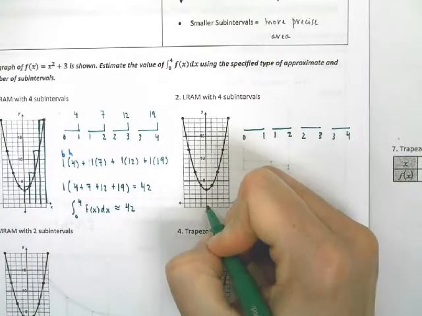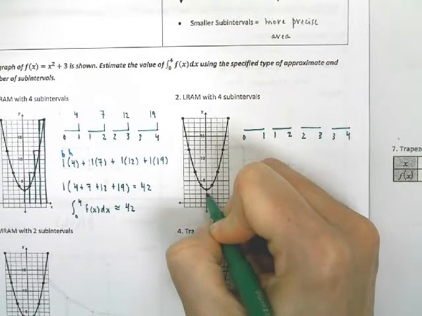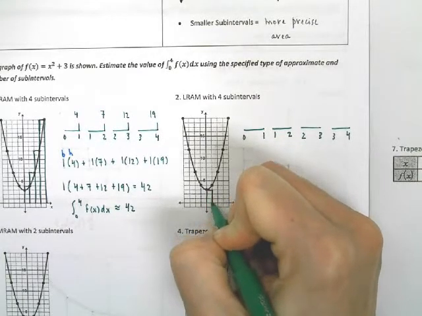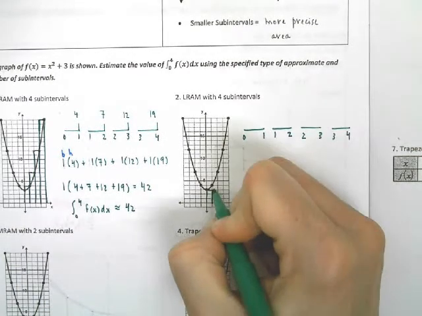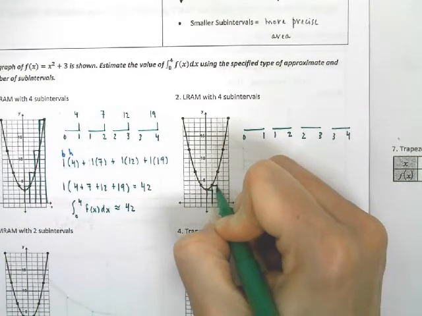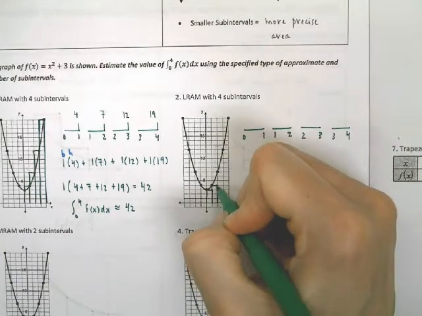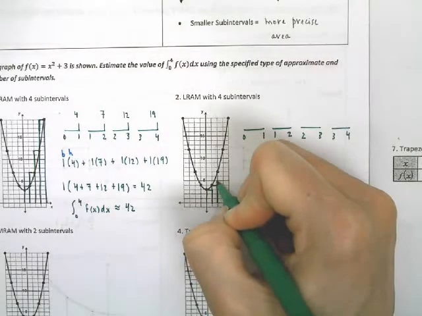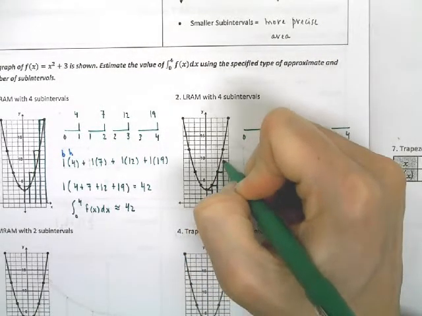Since I'm using left endpoints, from 0 to 1 I pick the left endpoint and use that as my height. From 1 to 2, again I use the left endpoint as the height of the rectangle. 2 to 3, I use this endpoint, and then 3 to 4 is here.